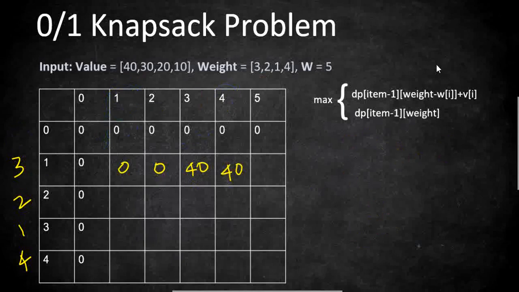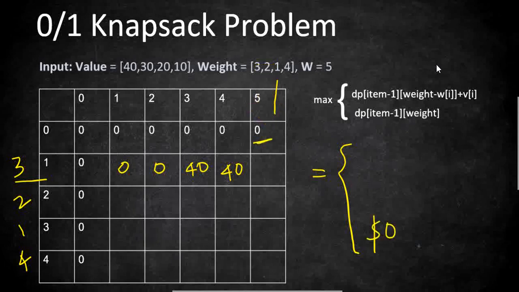Now moving on to the next cell, where the item is number 1 whose weight is 3 and the weight of the bag is going to be 5. In this case you have two options, either not to pick the item. If we are not picking the item, the value when the bag capacity was 5 is 0.